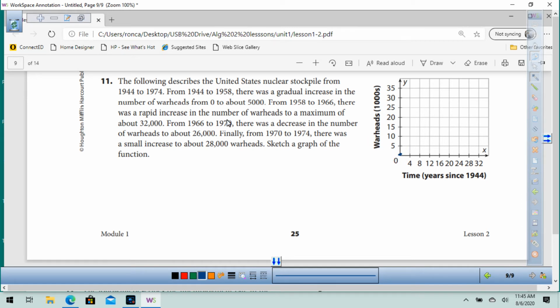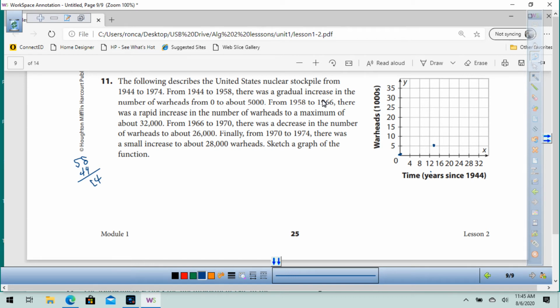So 0, and how many years is that? 58 minus 44, that's 14 years. So 14 years is going to be about right in here somewhere. And so it went to 5,000. So we're going to put that point right there. So there we are.